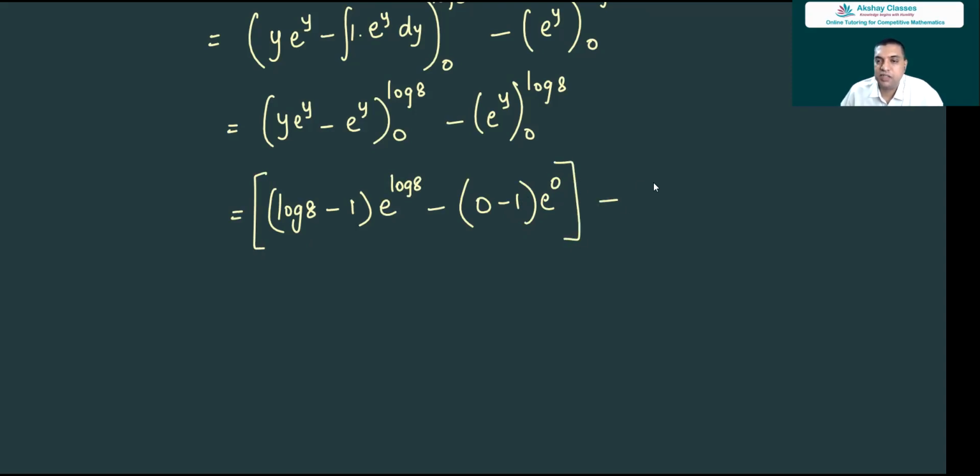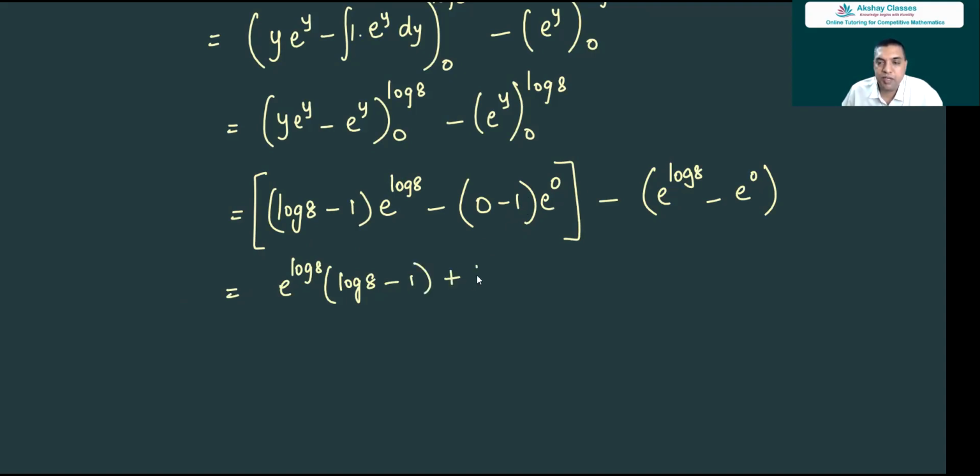This is the first. Second one, this is e power log 8 minus e power 0. So here we get e power log 8 into log 8 minus 1.